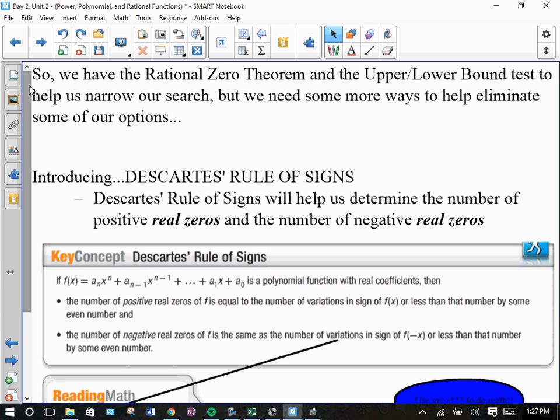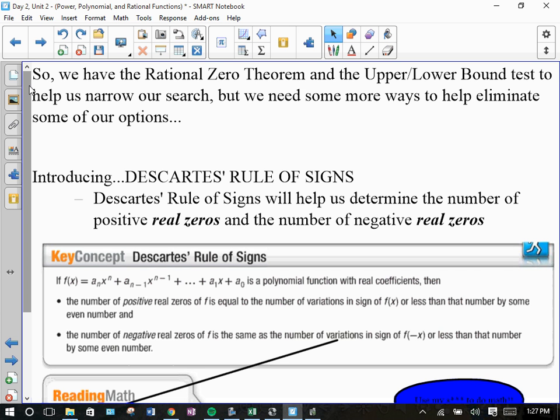And the next way we have is called the Descartes rule of signs. Okay? The Descartes rule of signs will help us determine the number of positive real zeros and the number of negative real zeros. So I'll write that down. Mathematically, that's a sort of description of what the Descartes rule of signs helps us do.